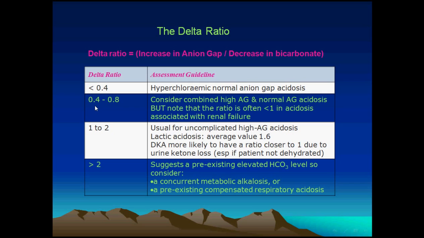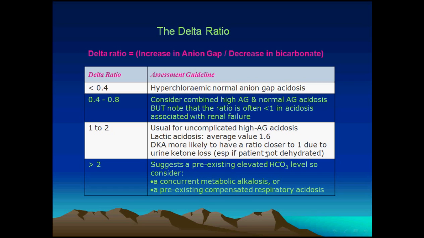If it is between 0.4 and 0.8, consider combined high anion gap and normal anion gap acidosis, but note that the ratio is often less than 1 in acidosis associated with renal failure. It is a little bit tedious and sometimes difficult to remember. 1 to 2 is usual for uncomplicated high anion gap acidosis like lactic acidosis, average value 1.6.